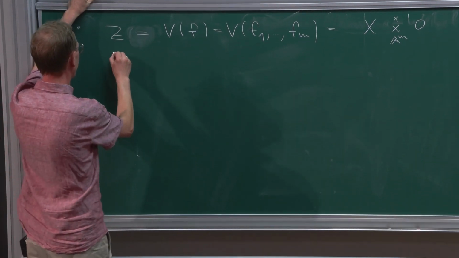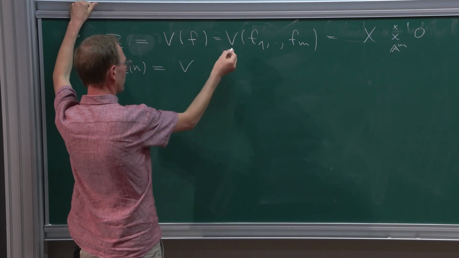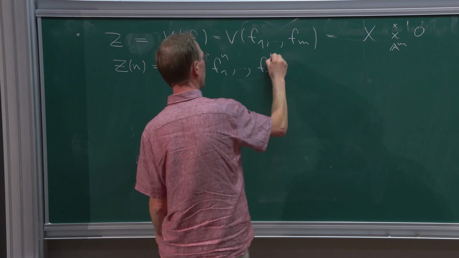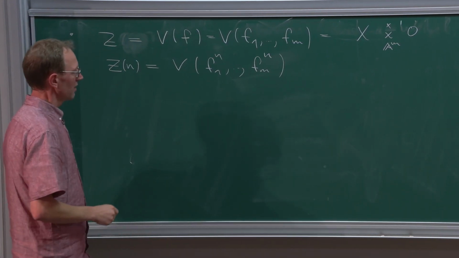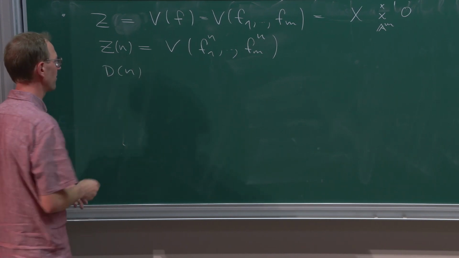And then now I can define some more thickenings. Zn, using this notation, would be F1 to the n, through Fm to the n. And then we need some more thickenings of the corresponding exceptional divisors.